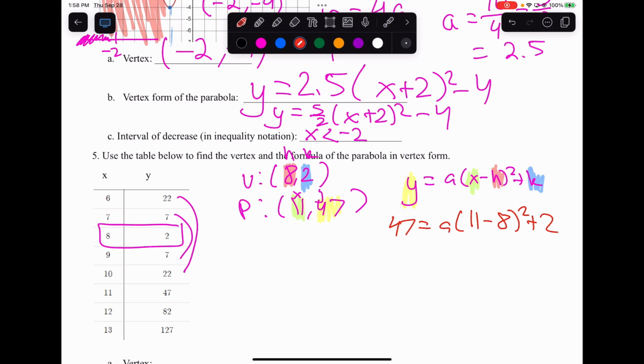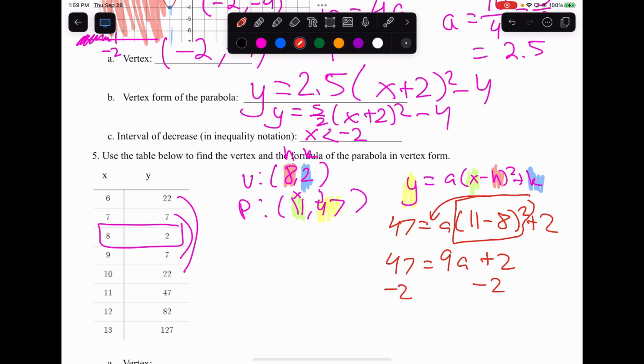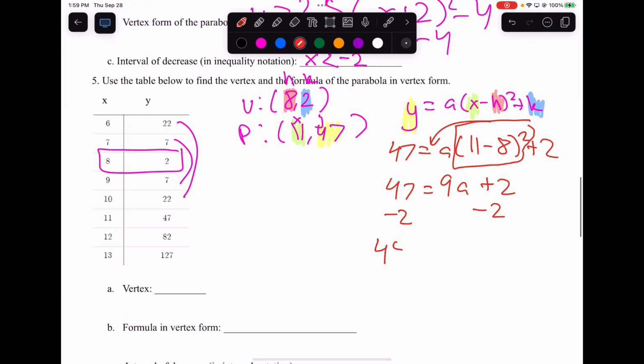Again, we need to find the coefficient on our a and put it out in the front. So 11 minus 8 is going to be 3 squared, which is 9. So we're going to have 47 equals 9a plus 2. You could just plug that into your calculator if you don't know how to do it in your head. Then we solve for a. We subtract 2 from both sides, and we get 45 equals 9a, divided by 9, and we get that a is equal to 5.